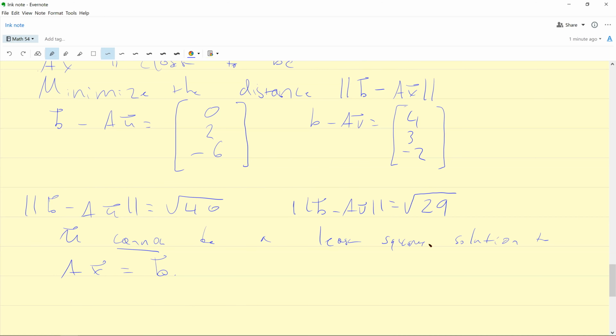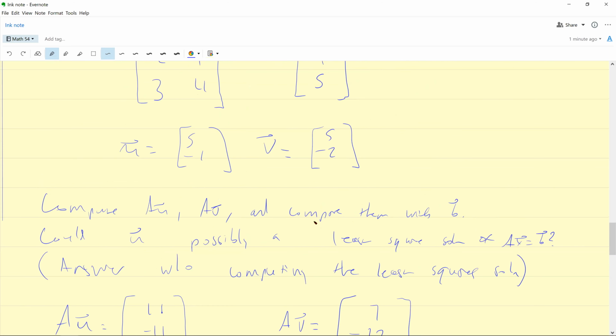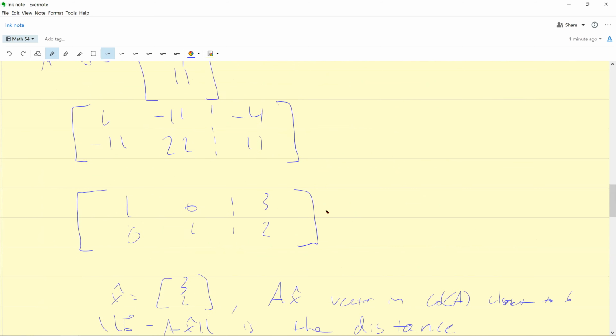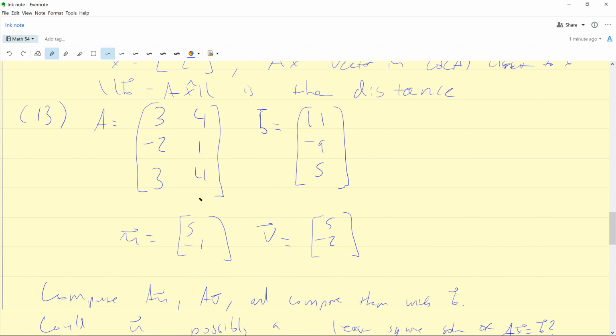If they were the same, would you also say both are maybe, or would you say they're both not? So you mean U and V were the same, like root 40, they were both root 40 or something? Yeah, then you'd also say it could be either. Actually, in that case, we need to check if the columns are linearly independent, because then it has a unique solution, right?